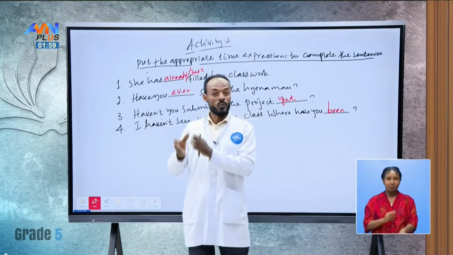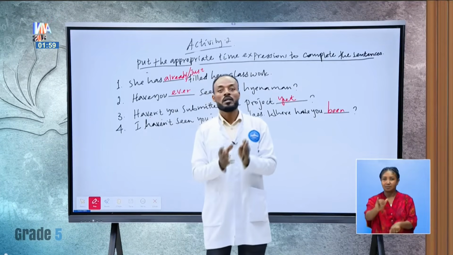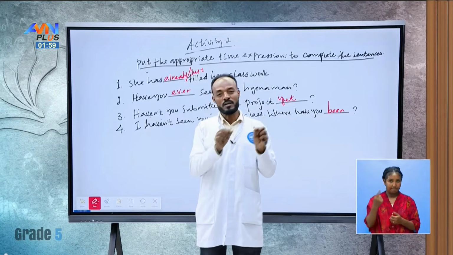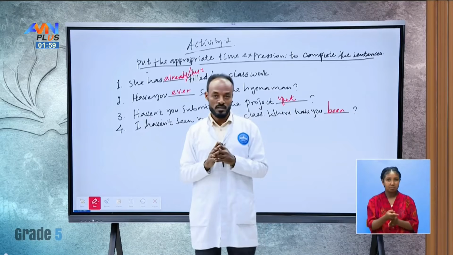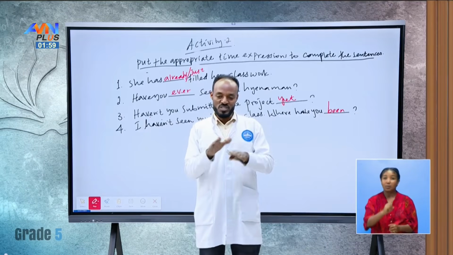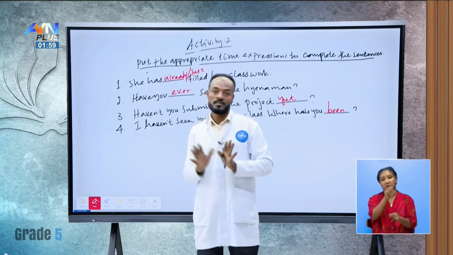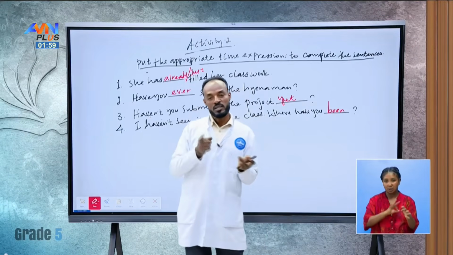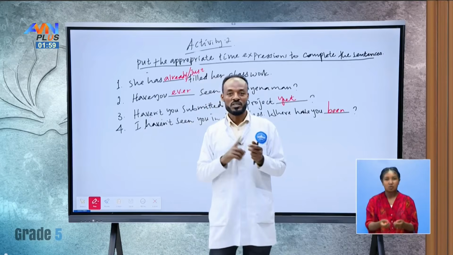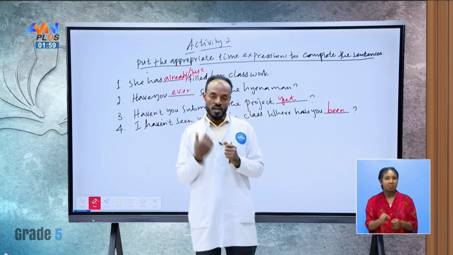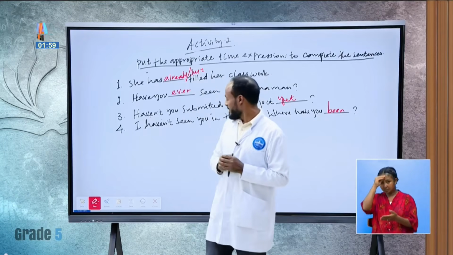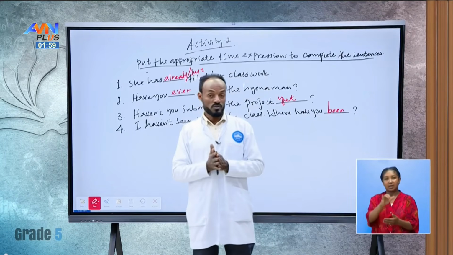Most of the time, we ask such questions for deep information, so it can also be called an information question. Yes or no questions need yes or no answers. And the last one is about time expressions, like just, already, yet, ever, never, and so forth. Am I right?